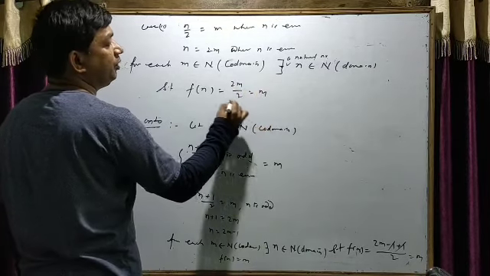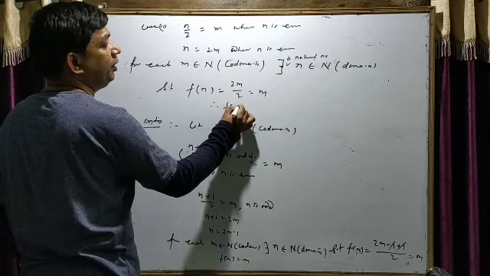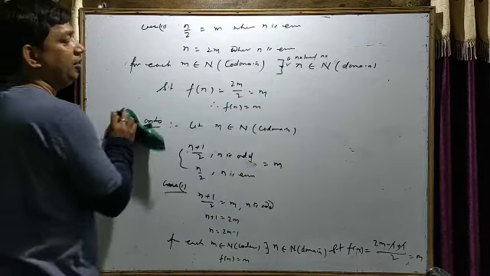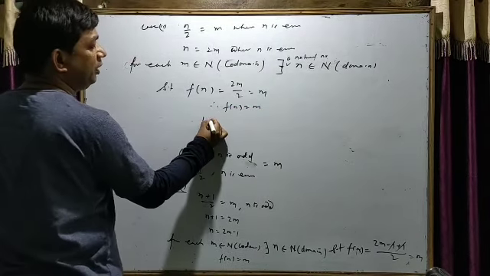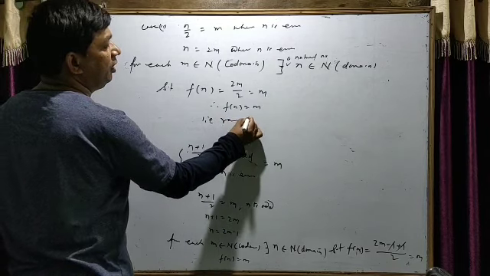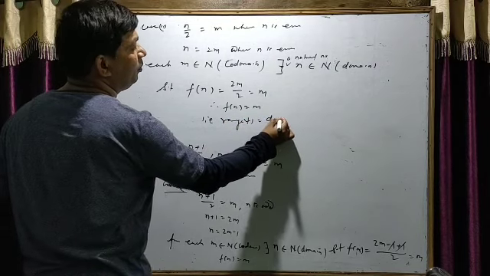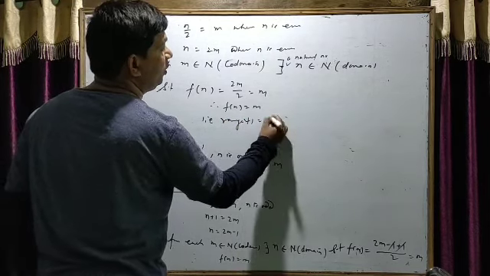So it is m. So f of n equal to m. So range of f equal to codomain.